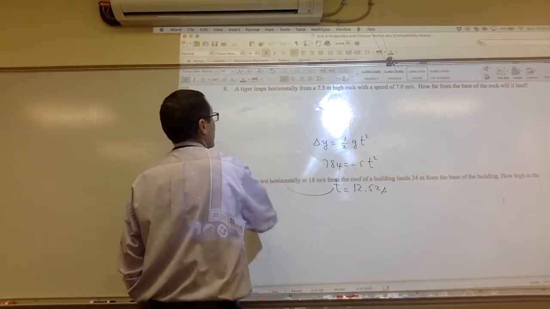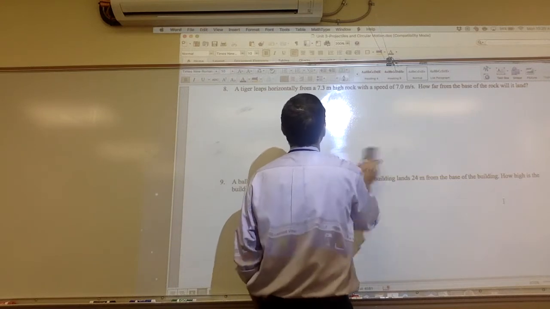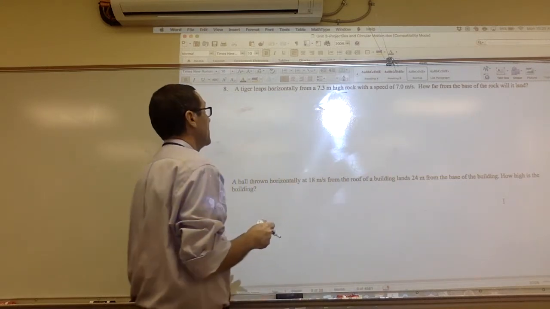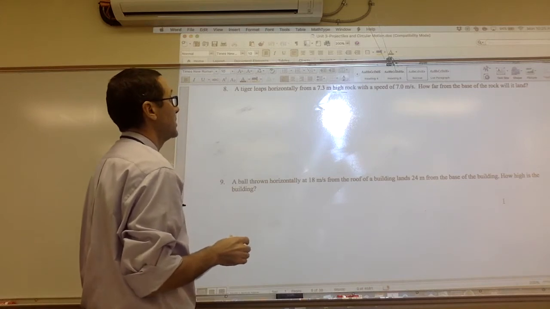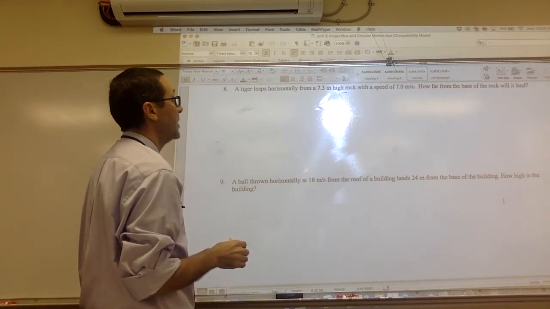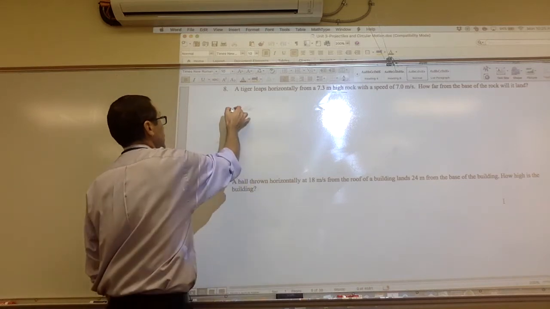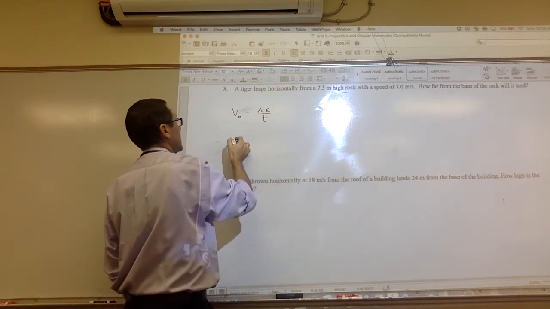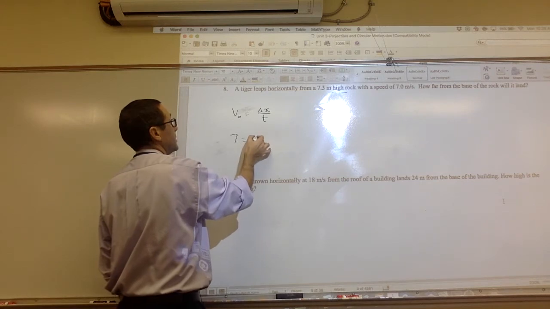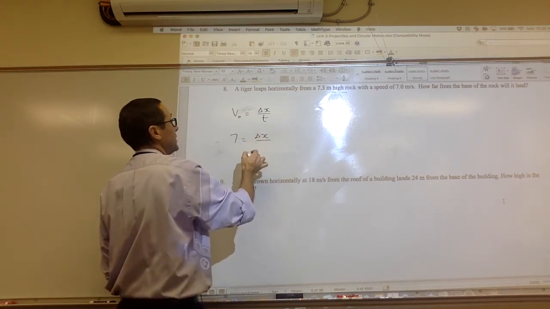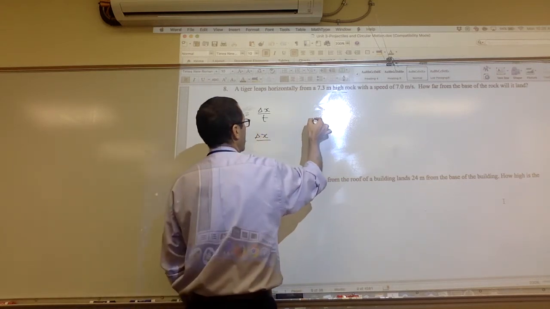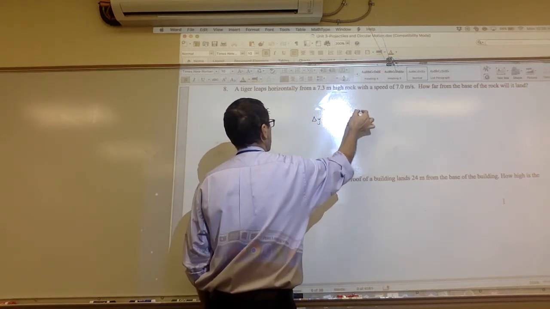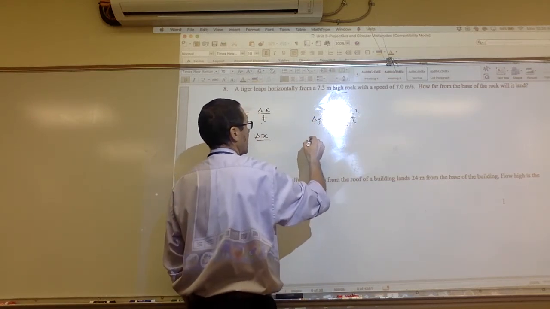A tiger leaps from a 7.3 meter high rock, so delta y is negative 7.3, with a speed of 7 meters per second. How far from the base of the rock will it land? So again, V0 is delta x over time. This is 7 equals delta x over, we don't know the time, so we have to go to the other side, to the vertical direction, and get the time.